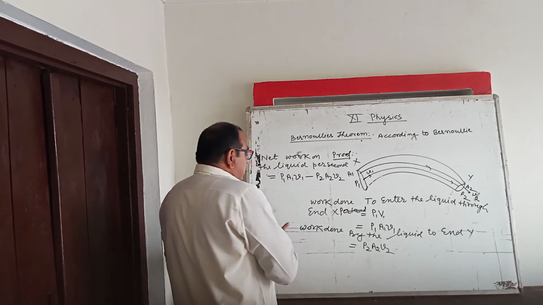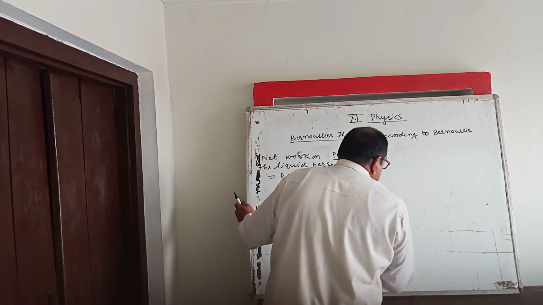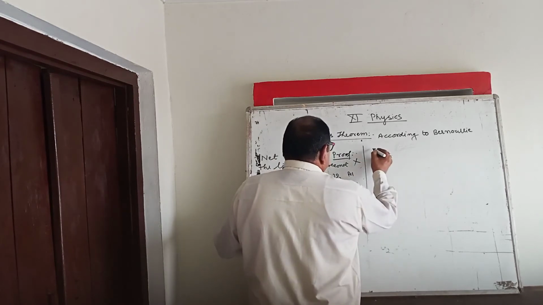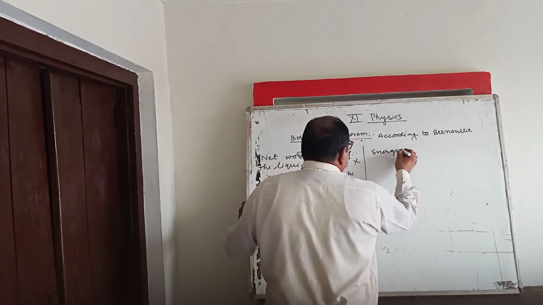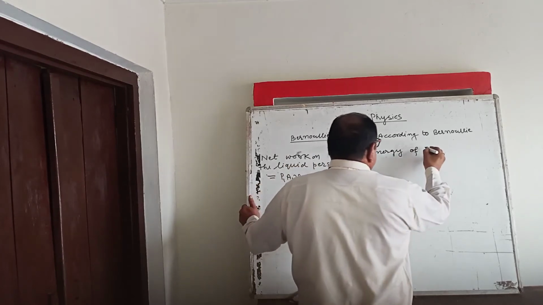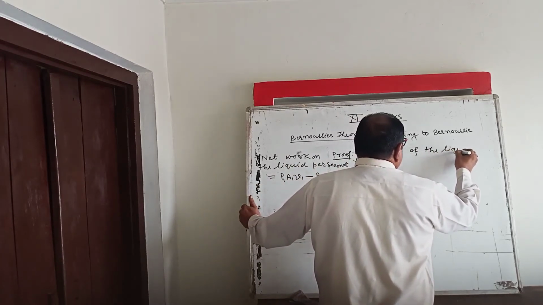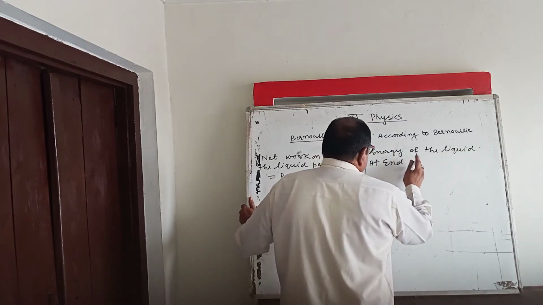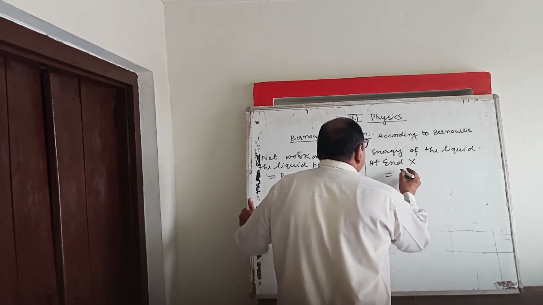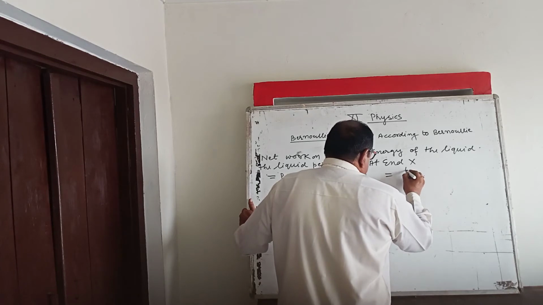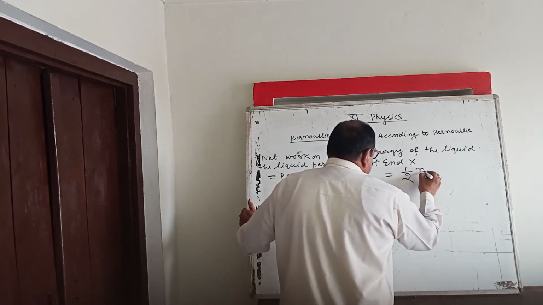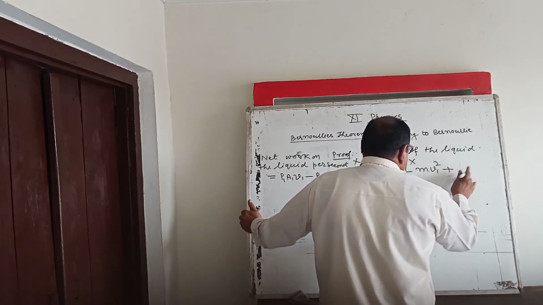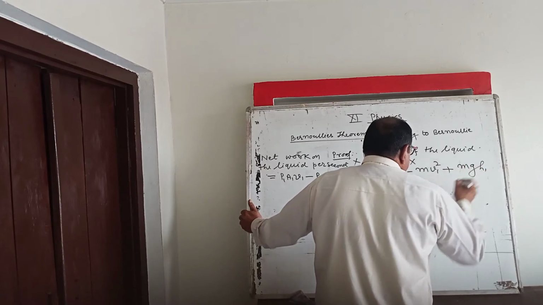Now the energy of the liquid at end X is equal to the kinetic energy, half m v1 square, plus potential energy m g h1, where the height is h1.